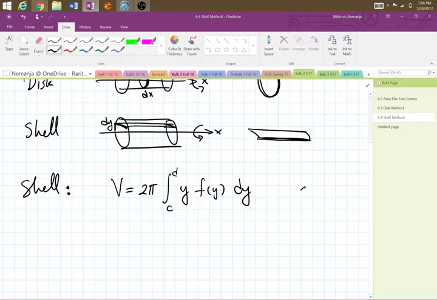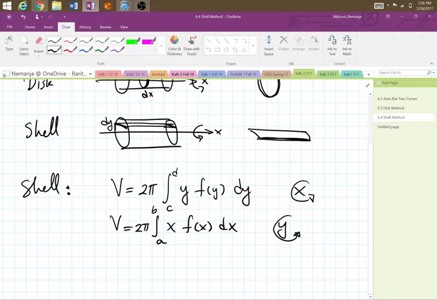So this is the rotation around x. Remember that when you have rotation around x, you have dy. And your textbook, so you can use either one of these two. I like the one that I'll give you better. This is the y rotation. So this is the textbook.